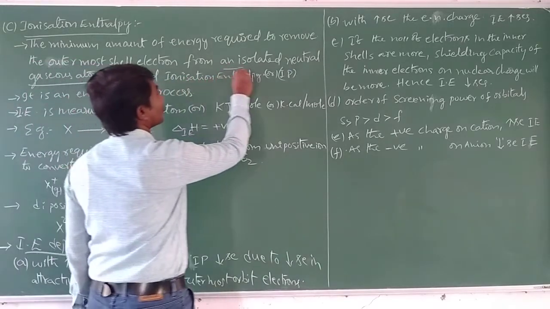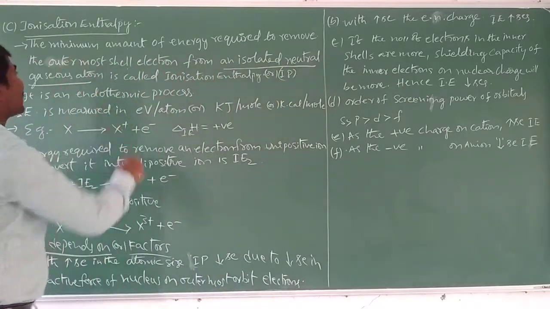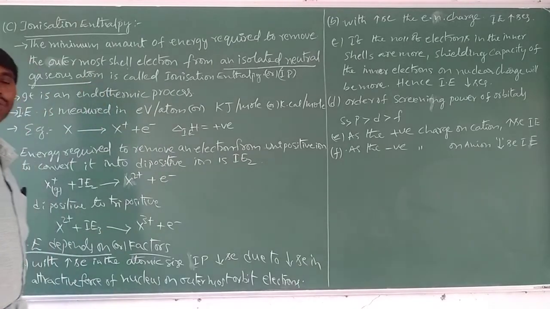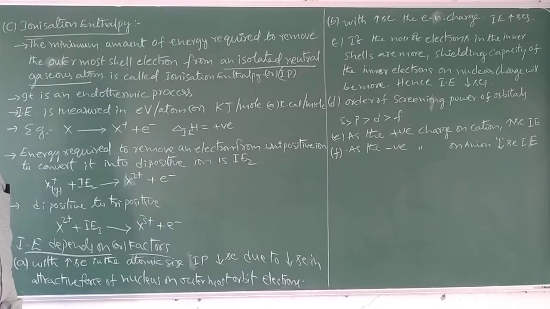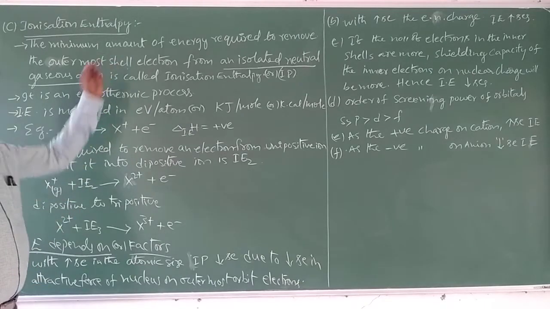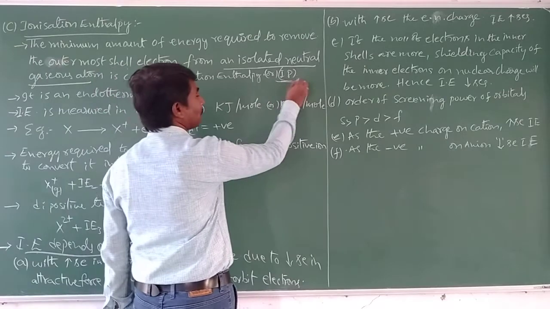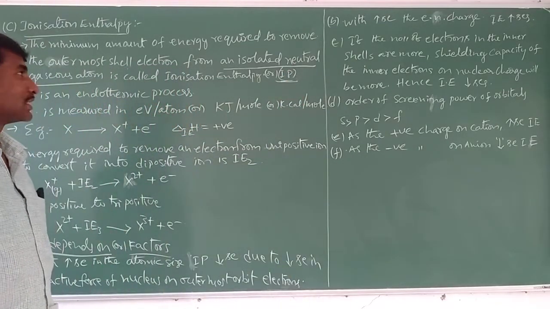So from this isolated neutral gaseous atom, one electron is removed. How much energy is required for that? That energy is called ionization enthalpy, or ionization potential (IP).